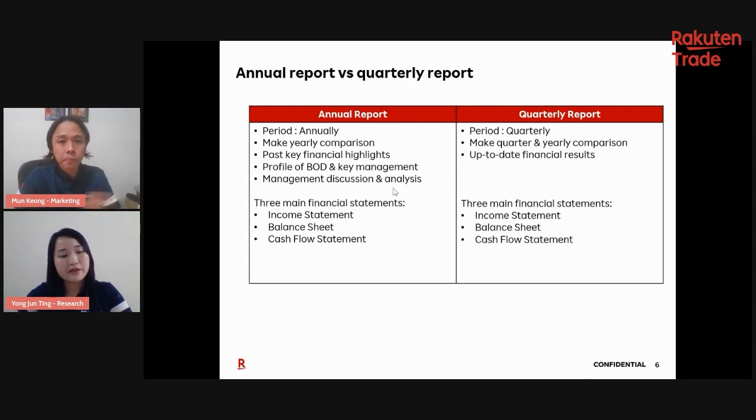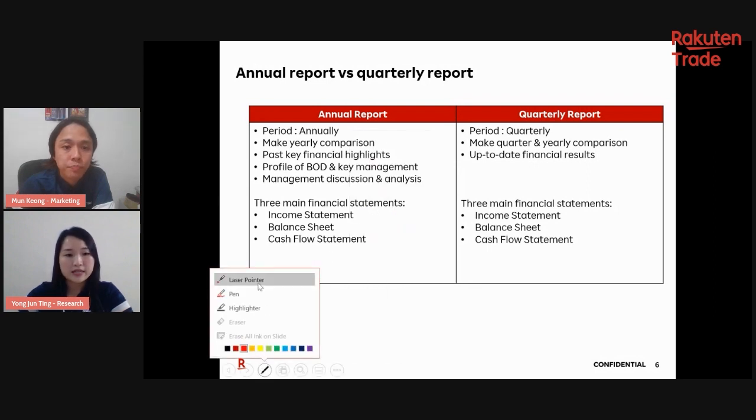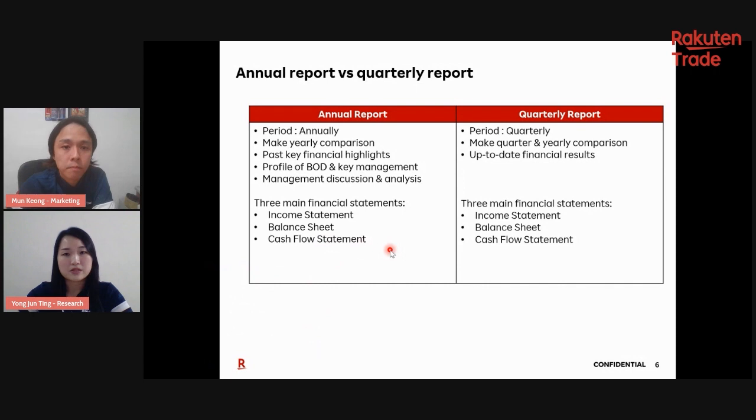Also, under the annual report, there are three main financial statements: the income statement, the balance sheet, and the cash flow statement. While quarterly reports are released quarterly, there are 4 quarters in a year. So it's very important for investors, especially analysts, to make quarterly and yearly comparisons.